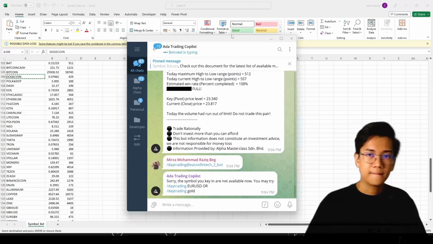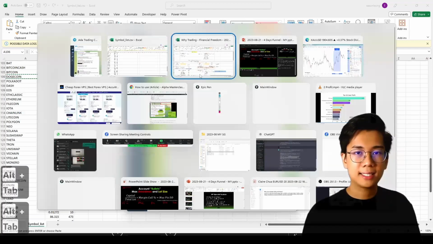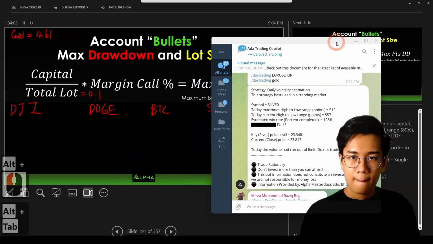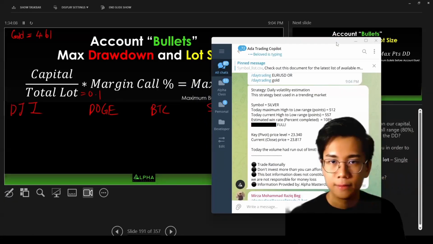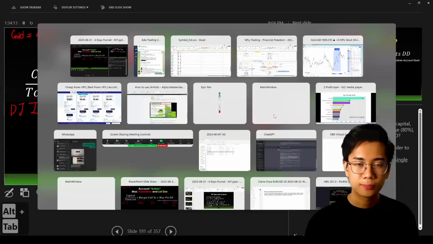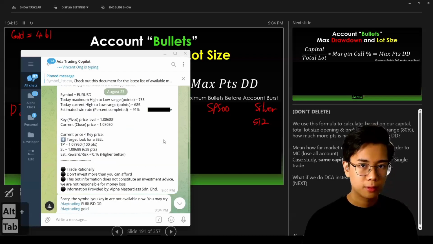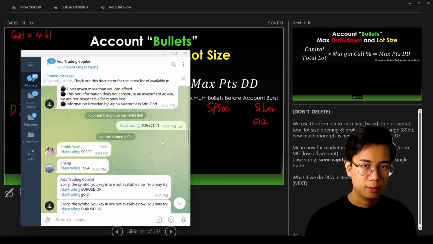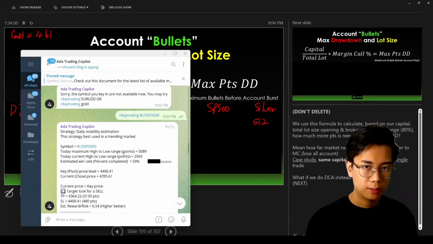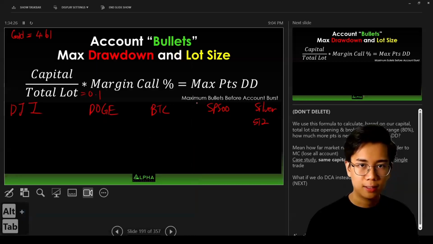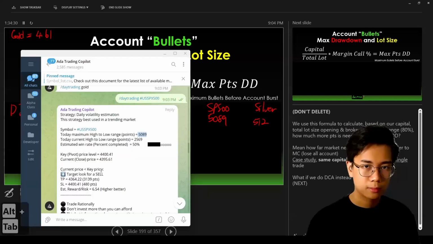Okay, now is the time to key in the answer into the formula sheet. Now, key in silver first. Silver will be 512. Okay, Dogecoin. So this is S&P 500. S&P 500 is 5089. What else?